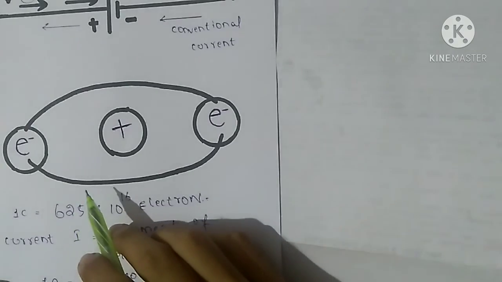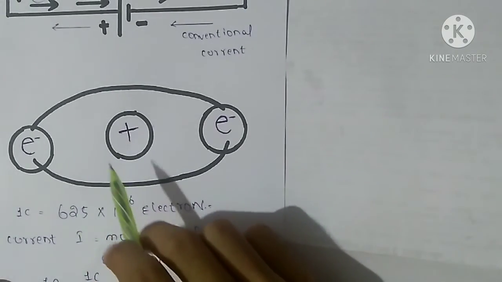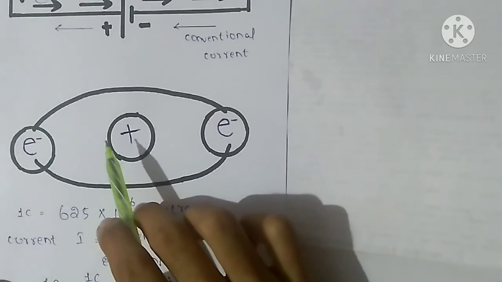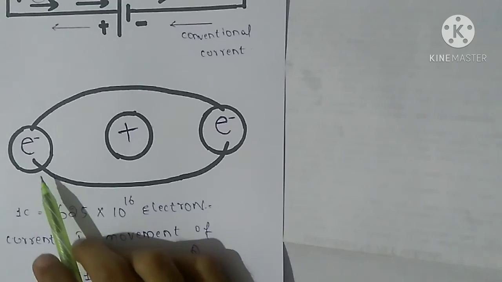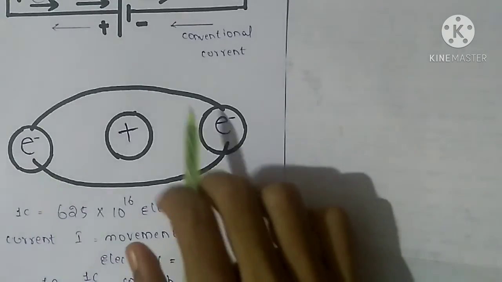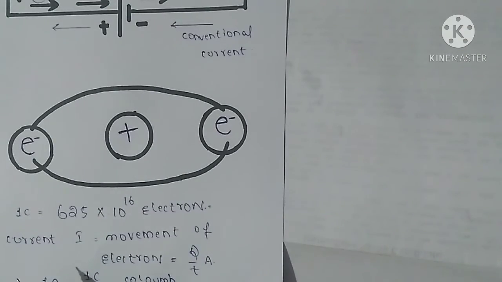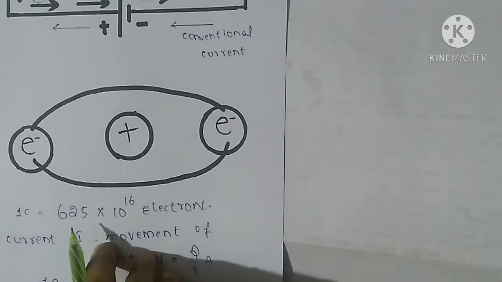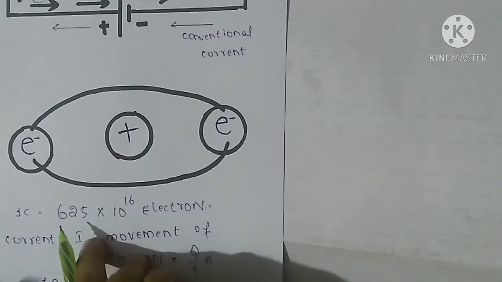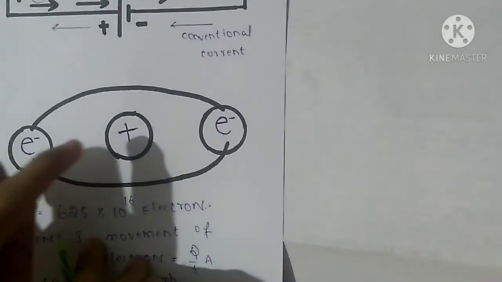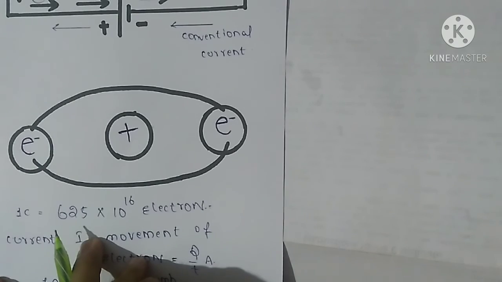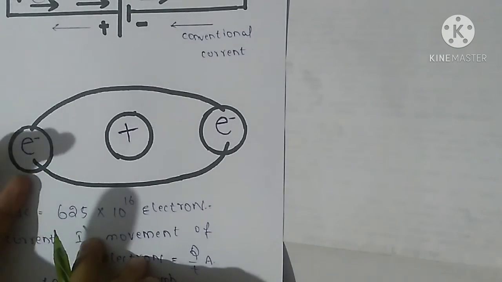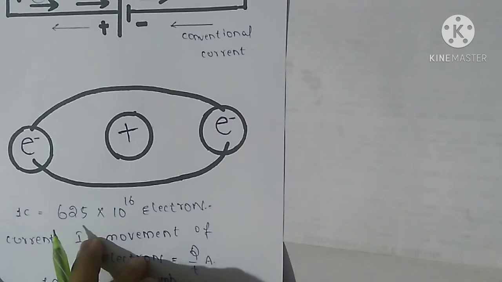The proton has certain energy and it has a bond with the electron. Protons will attract the electron and help the electron to revolve around the orbit. So under normal condition, this electron maintains a force of attraction with the proton, and due to this the electron does not move actually.